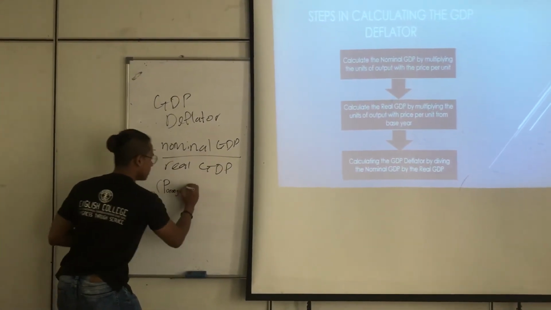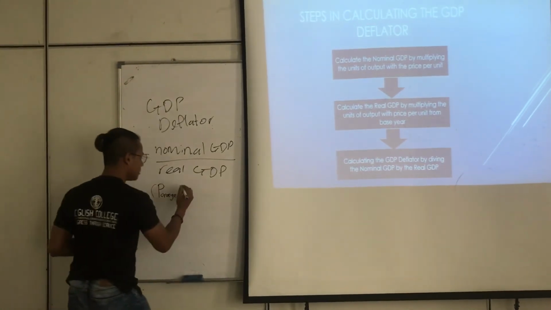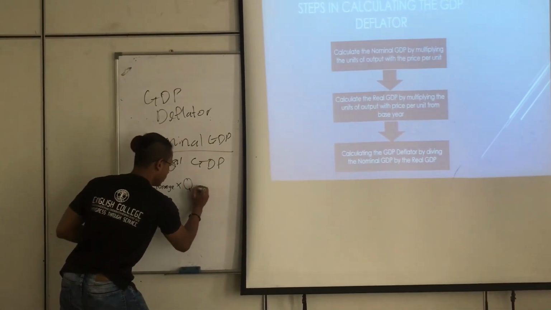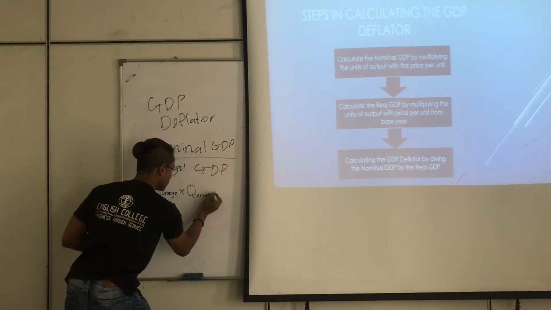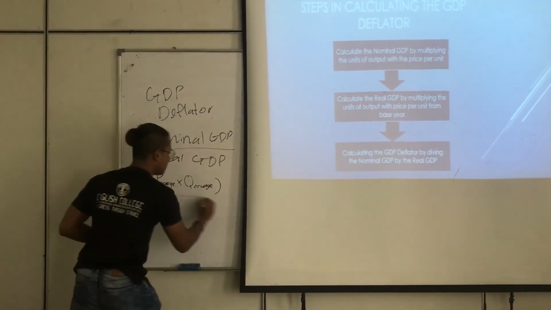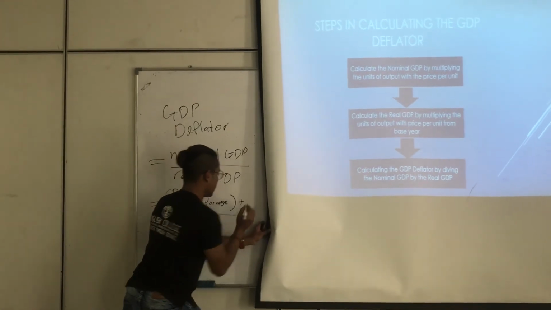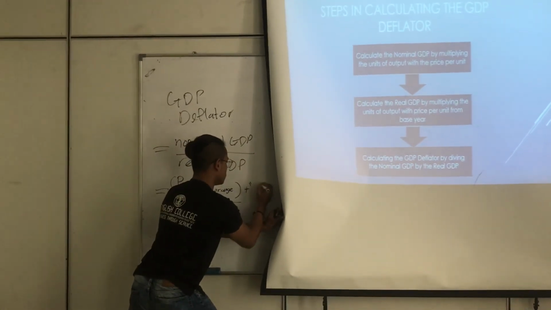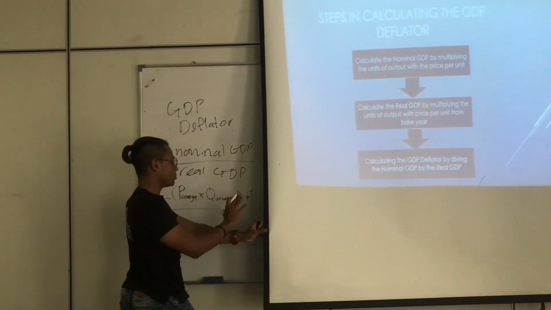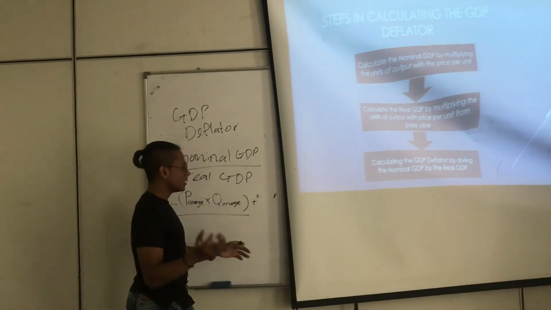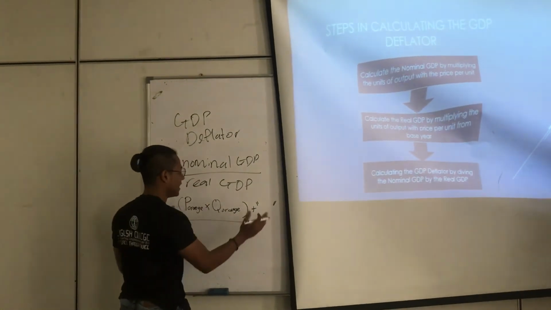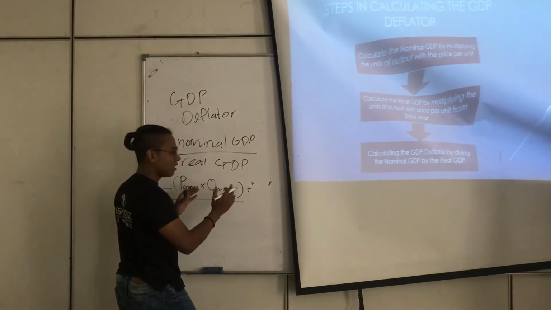Times the quantity of orange produced, and this is apple, so the same goes for the apple. It's the same way as this one: price of the apple times the quantity of the apple, and then you sum all of it here.